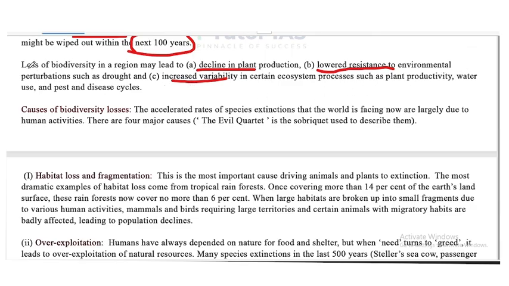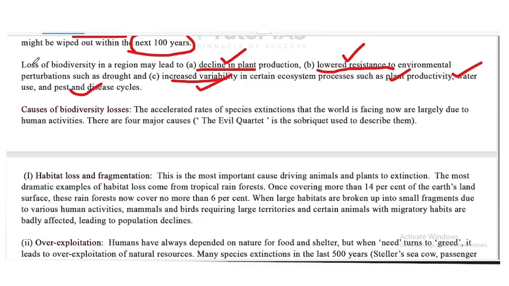So loss of biodiversity in a region may lead to all these factors: decline in plant productivity, lowered resistance to environmental perturbations, natural ones, and increased variability in certain ecosystem processes such as plant productivity, water use, and pest and disease cycles.